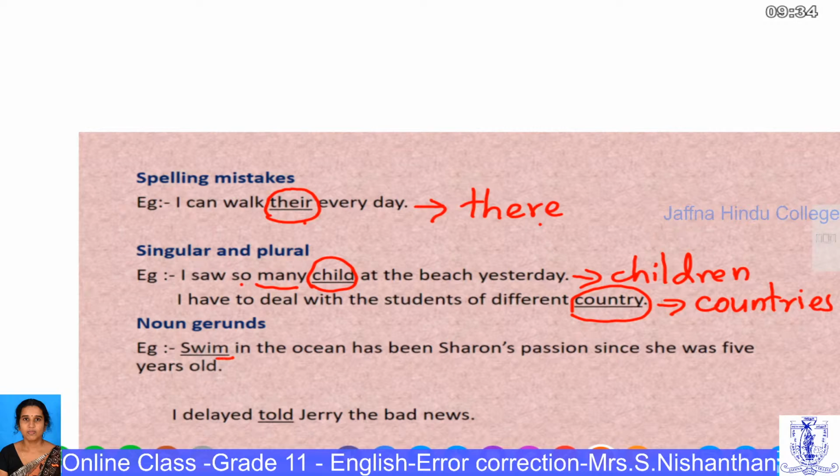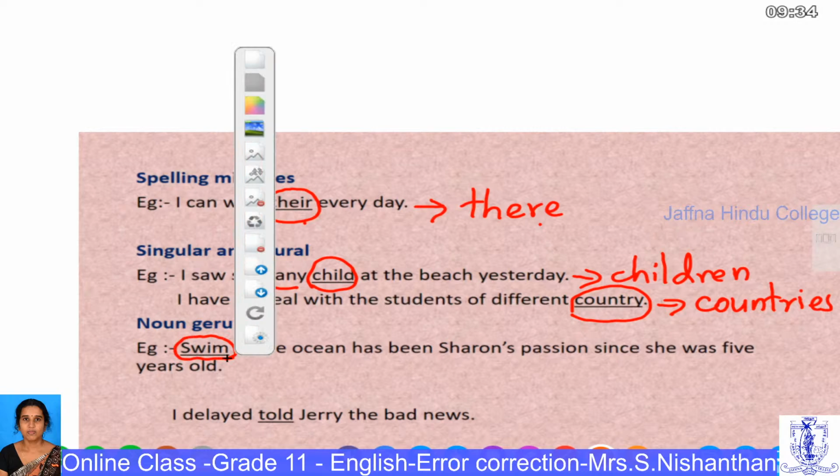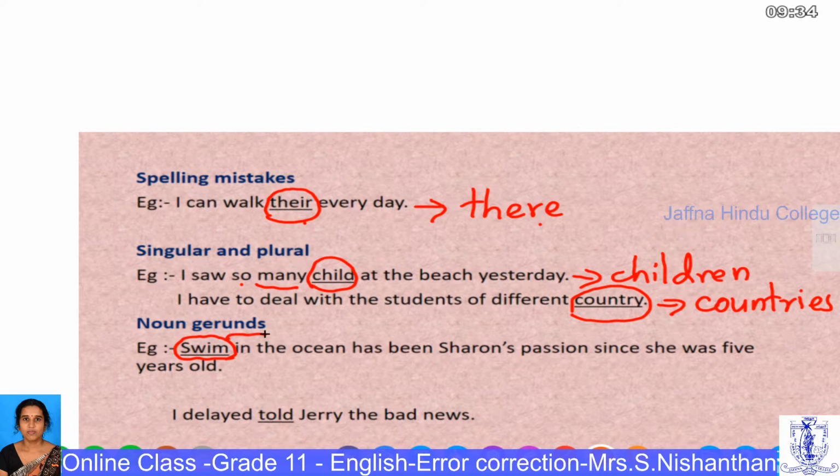Here, what? Swim, not swim. It's an action, but when it comes as swimming, it is an activity. "Gardening is a good hobby," like that. Gardening is a noun.